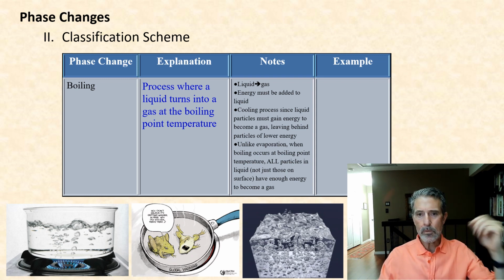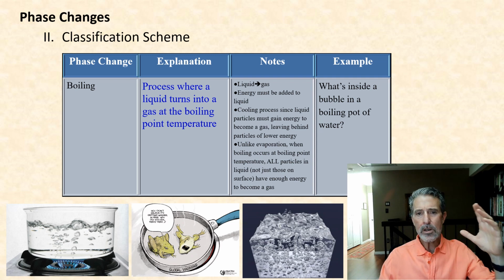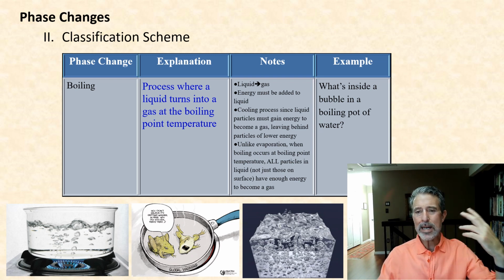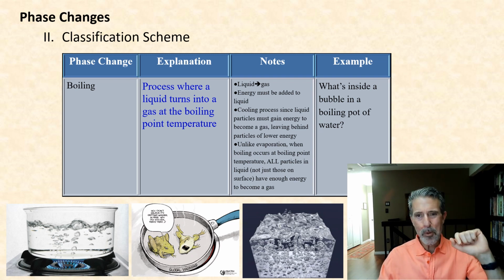So when water is boiled in a pot and bubbles form, what exactly is inside a bubble in that boiling pot of water? Now a lot of people, I'm sure you're not included in this group, say, oh yeah, that's air inside of the bubble. But think about it. What is boiling?